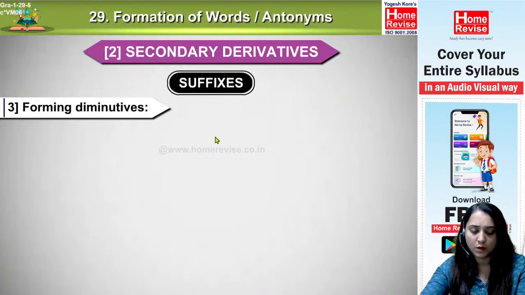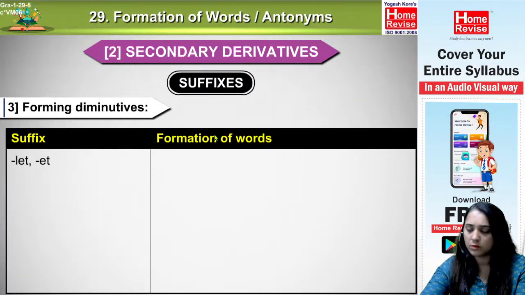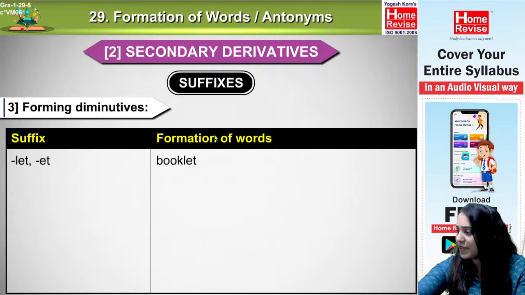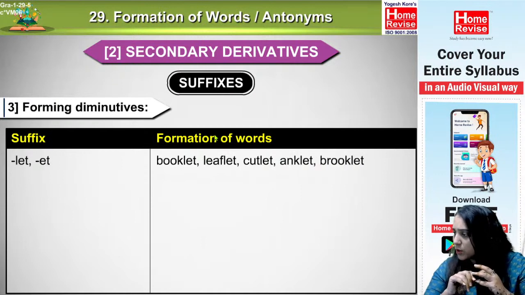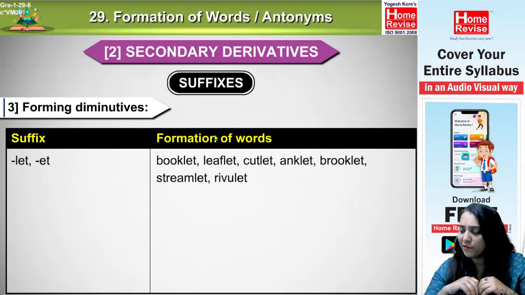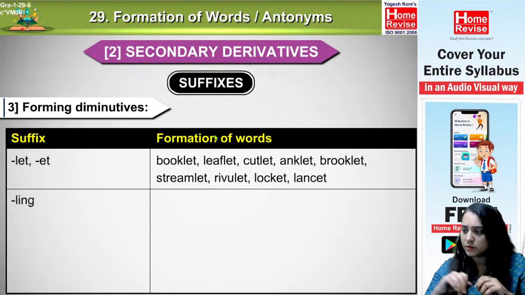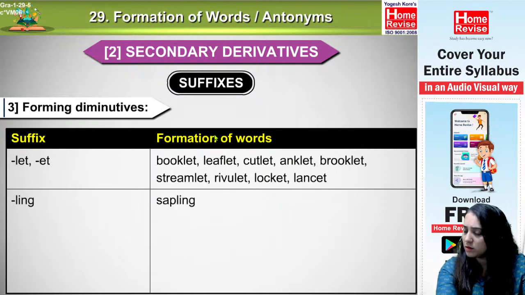3. Forming diminutives. LET, ET: booklet, leaflet, cutlet, anklet, brooklet, streamlet, rivulet, locket, lancet. Very good, many of you have given the right answers. LING: sapling, duckling.